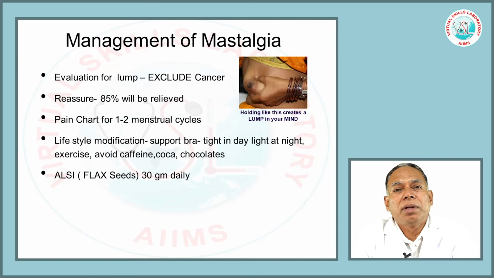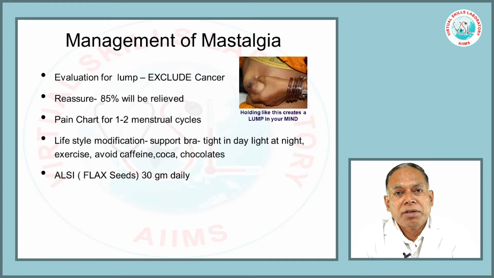Reassurance has been found in a large number of studies to relieve breast pain in the majority of these patients. So, we train the lady to fill her daily pain experience on a pain chart for 1 to 2 menstrual cycles. We offer her some lifestyle modifications such as wearing support undergarments.